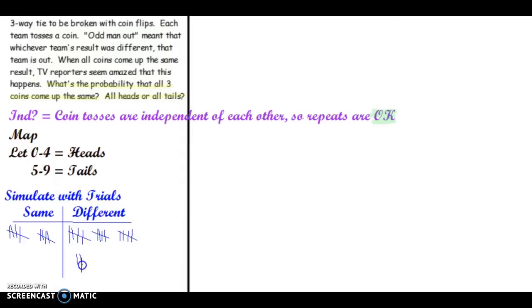Let's say I run 30 trials, and these are the results. So 10 times the coins, all 3 were the same, and 20 times the 3 coins ended up being different. And these were the results of the simulation.